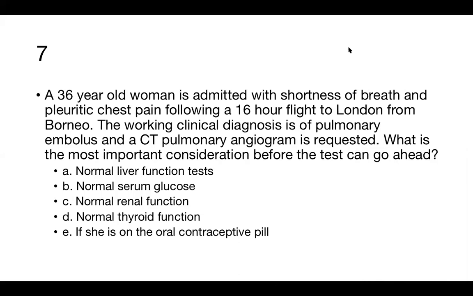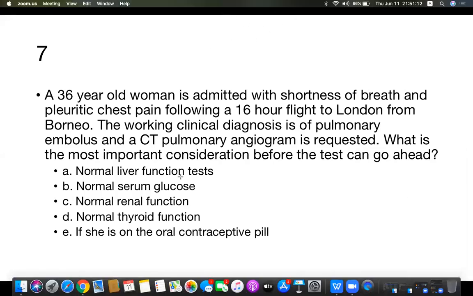Now I'll explain about this case, and you yourself know what is the likely diagnosis here. Okay, this is a 36-year-old woman who is admitted with shortness of breath and pleuritic chest pain following a 16-hour flight to London from Borneo.